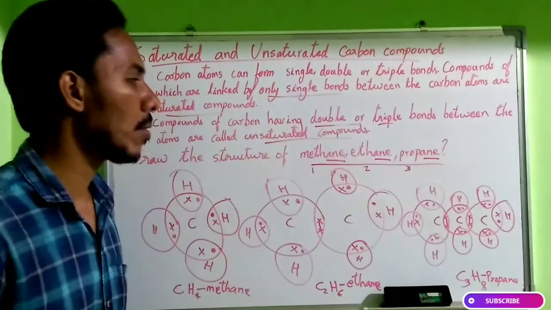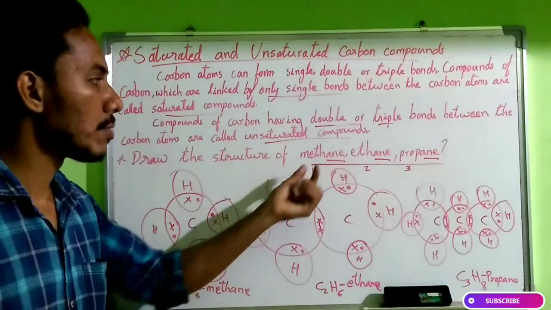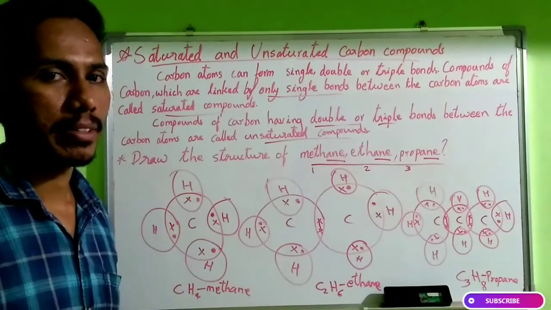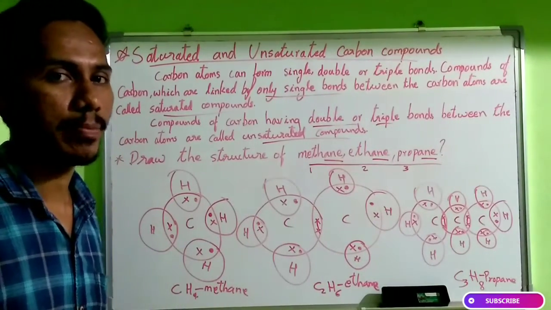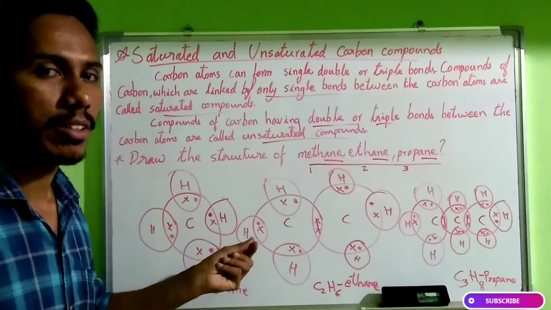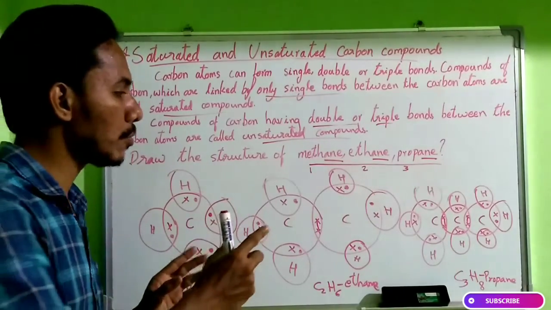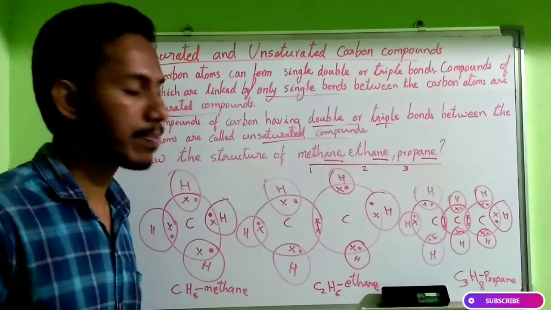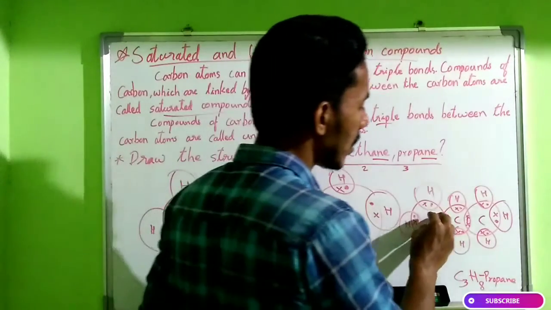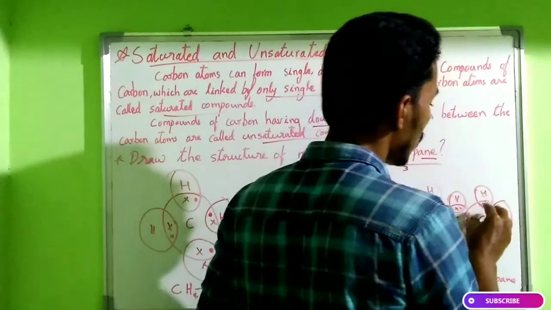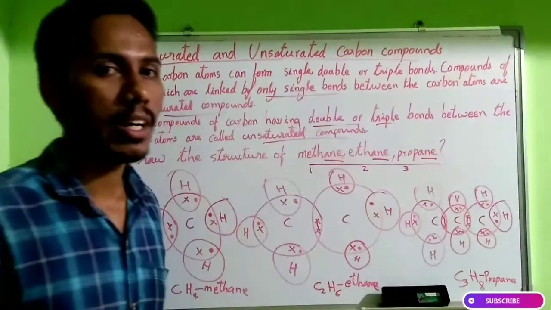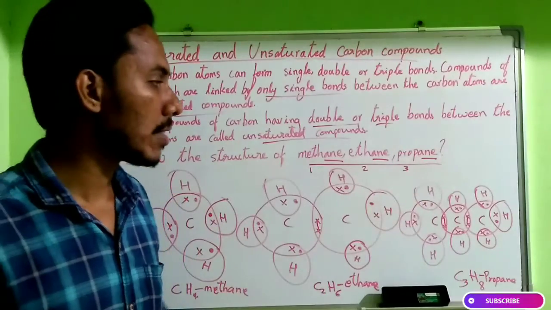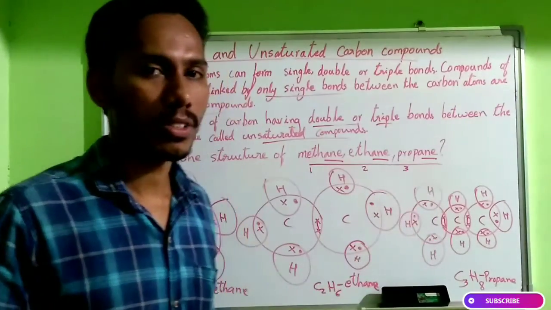We have to draw the structures of methane, ethane and propane. I think you get the idea. It's simple. You only need to focus on the number of electrons. The total number of electrons will be 8 after the formation of these bonds.